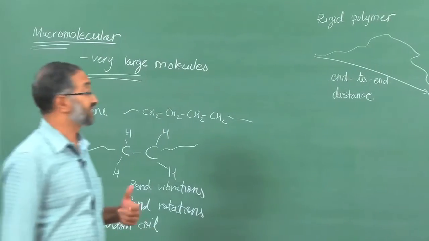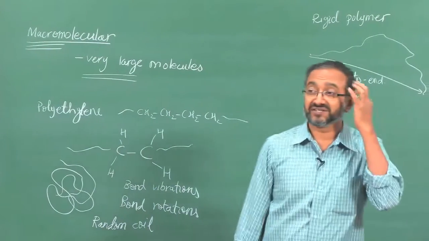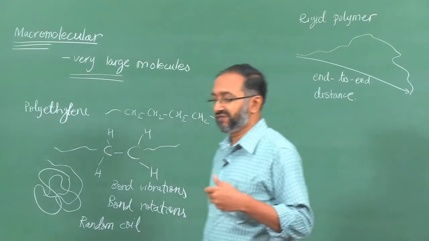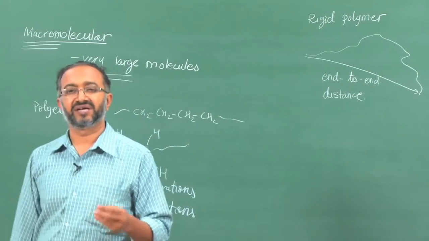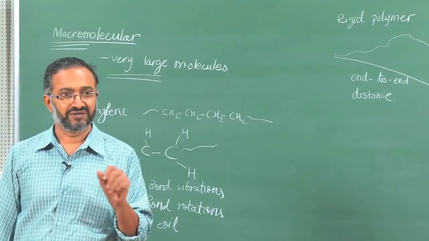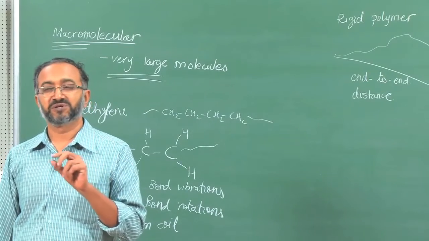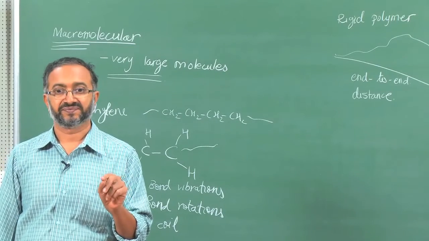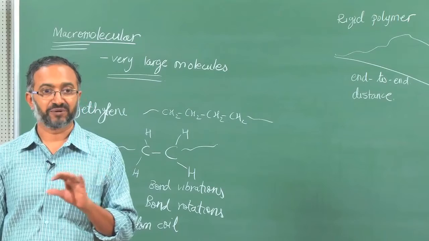The other feature that is important, and we will discuss that, is that when we make a solution, there will be interactions between the solvent and the polymer, and there will be interactions between polymer and polymer, right. Both of these are possible.